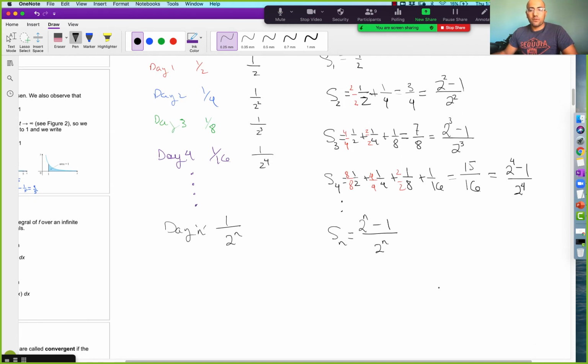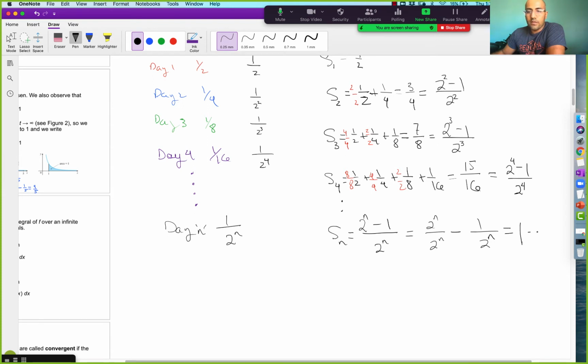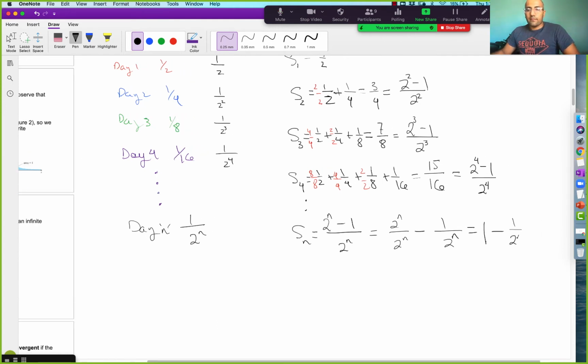This can also be simplified and rewritten as 2 to the n over 2 to the n minus 1 over 2 to the n, which is also known as 1 minus 1 over 2 to the power of n.